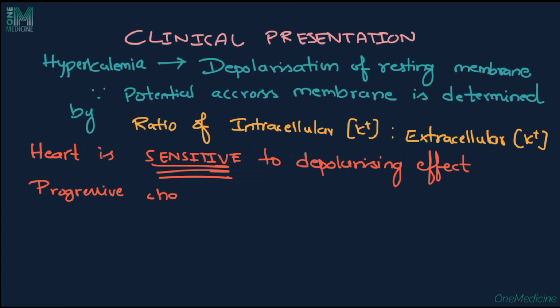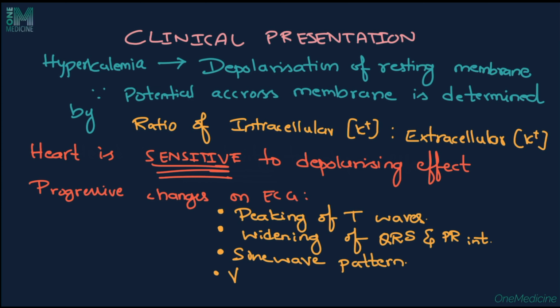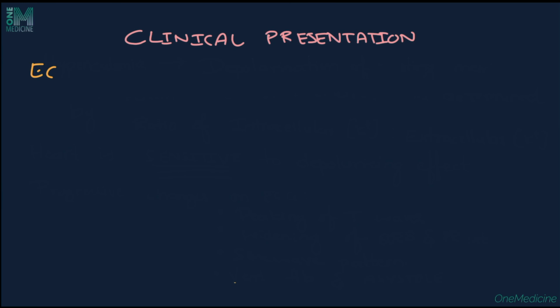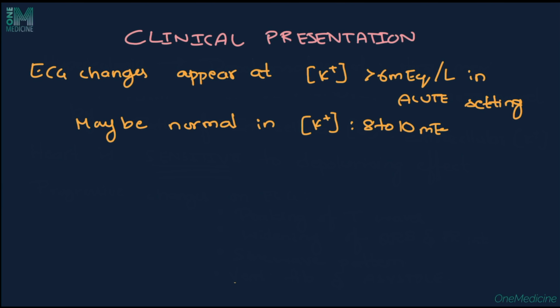Progressive changes of hyperkalemia on ECG are peaked T waves, widening of PR and QRS interval, development of sine wave pattern, and eventually ventricular fibrillation and asystole. In general, ECG changes appear at a serum potassium concentration of 6 milliequivalents per liter with acute onset of hyperkalemia, whereas the ECG may remain normal up to a concentration of 8 to 10 milliequivalents per liter with chronic hyperkalemia.